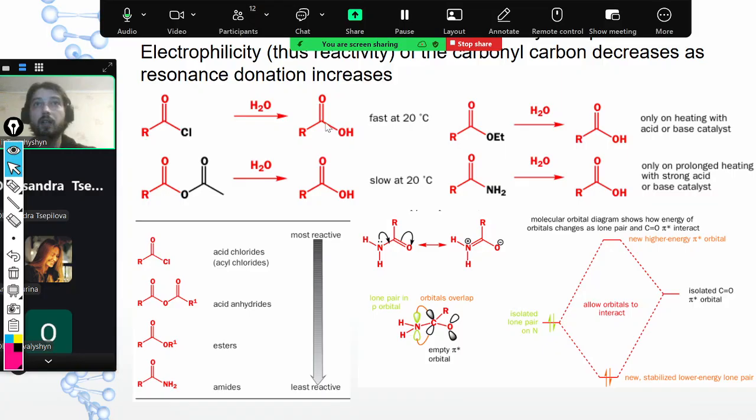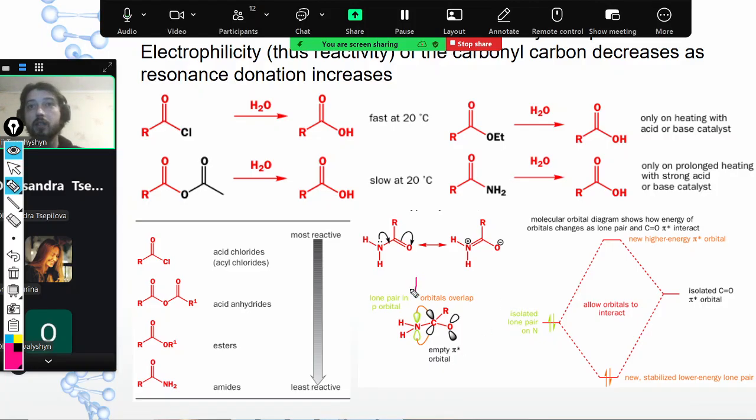So you see these different chemicals here, and it turns out that oxygen or nitrogen can donate electrons a little bit due to so-called resonance effects.